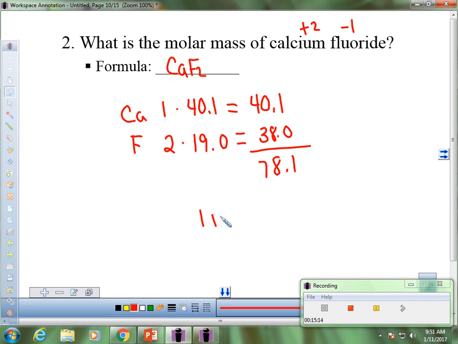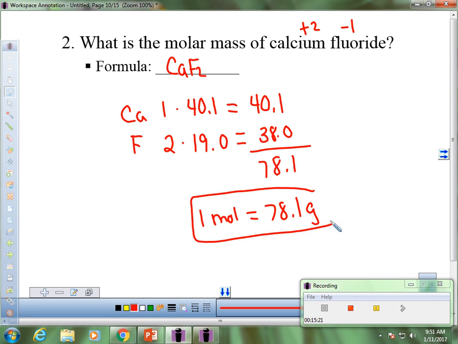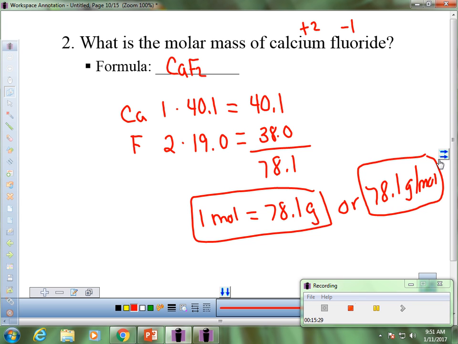And so 1 mole equals 78.1 grams. Or you can say 78.1 grams for every mole. If they ask for the molar mass, you can write it either way. Again, we're going to be using this way in just a moment.